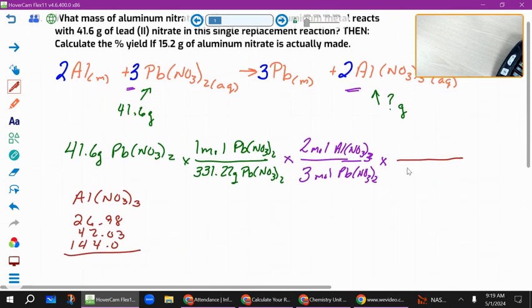Again, if you're wondering where this came from, this is the 1 aluminum, this is the 3 nitrogens, this is the 9 oxygens. Add this up, that is 213.01. That goes on the top, ladies and gentlemen.